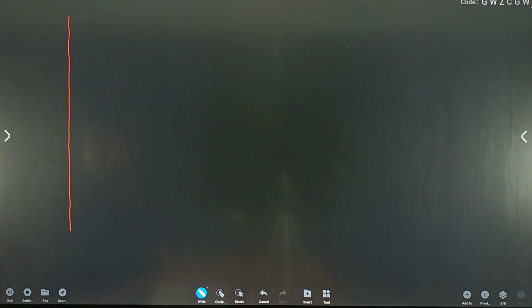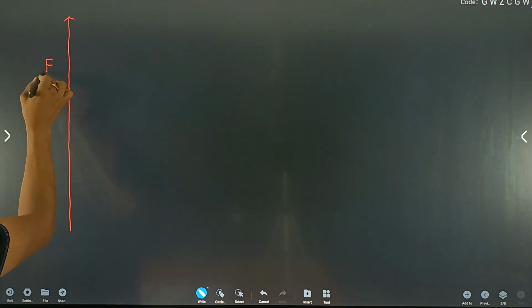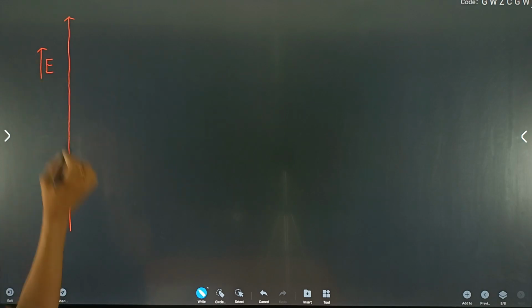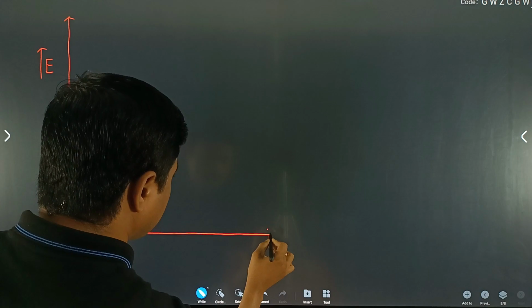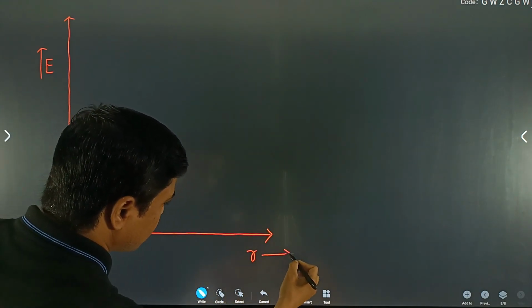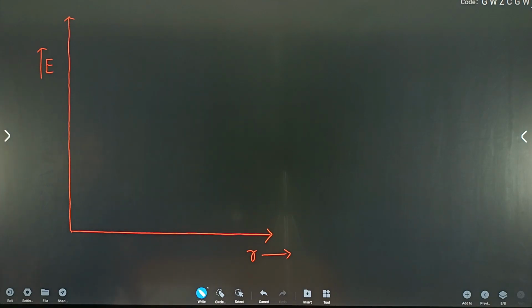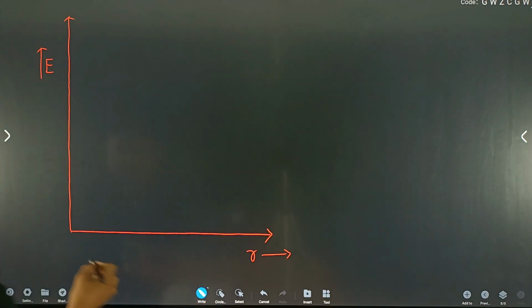Suppose this is the y-axis, and electric field is on this axis, and the second axis, suppose this one is the x-axis, and we take r or distance. This point is the origin O, the center of the thin spherical shell.